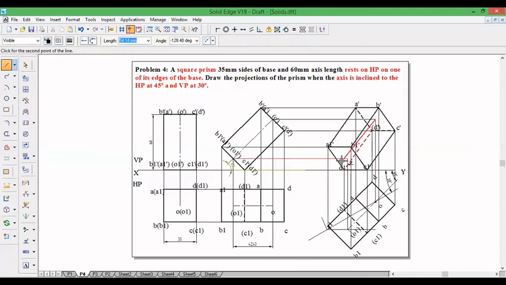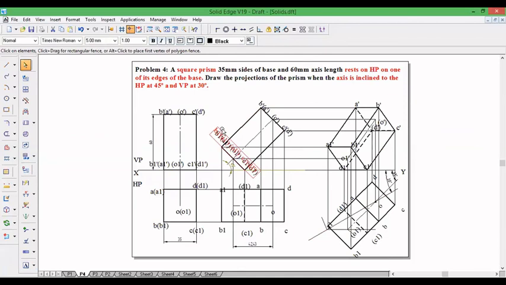So this is O dash and this is O1 dash. So O dash is going to be invisible, put in bracket, and O1 dash is going to be visible. So this completes example problem number 1 and 4.